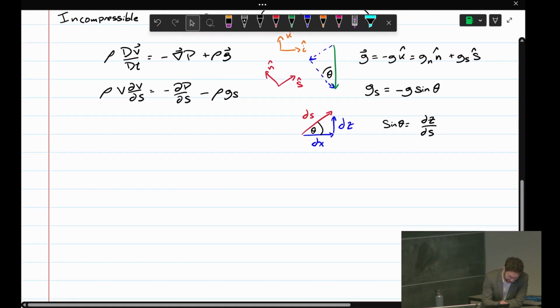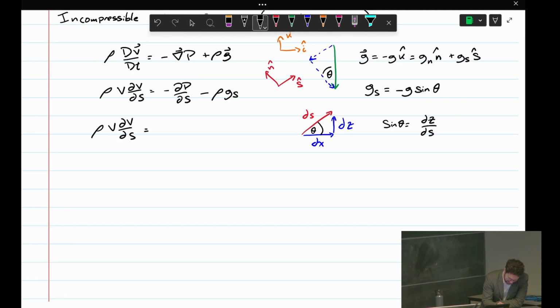Okay, so we now have rho v partial v by partial s equals negative partial p by partial s minus rho g dz by ds.